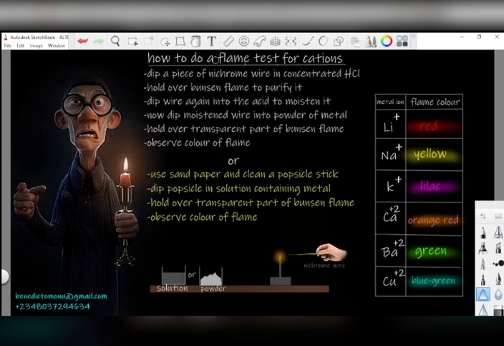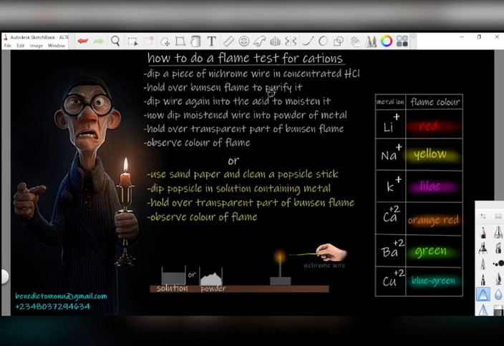How do you carry out a flame test? First of all, you dip a piece of nichrome wire. Nichrome wire is an alloy that contains nickel and chromium. You dip it in concentrated acid. After dipping it in concentrated acid, you hold it over a Bunsen flame, and the essence of doing that is to purify the nichrome wire.